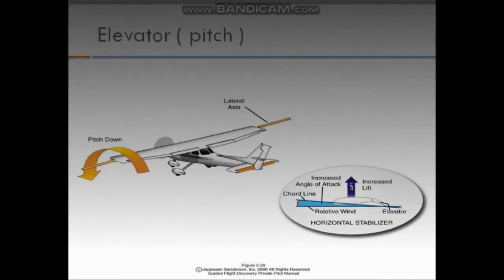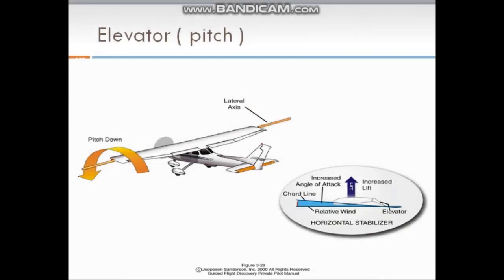The second movement is the pitch. Who will make pitch up and pitch down? Of course, the elevator control surface, around the lateral axis. The aircraft wants to pitch down, so the elevator will go down.